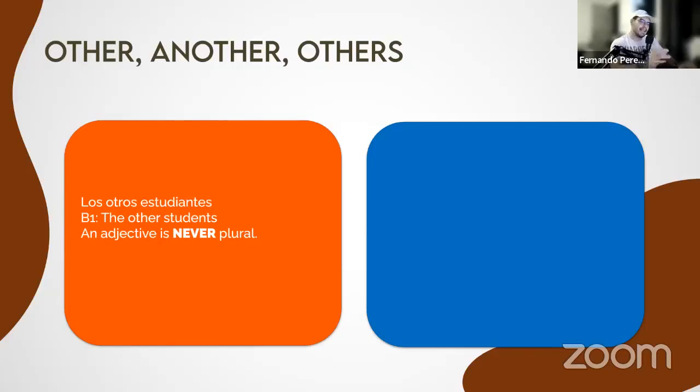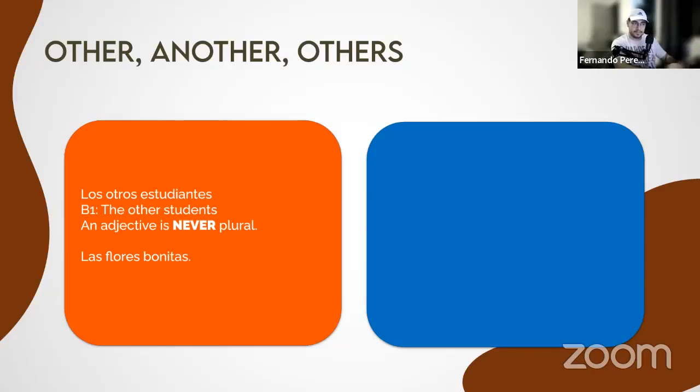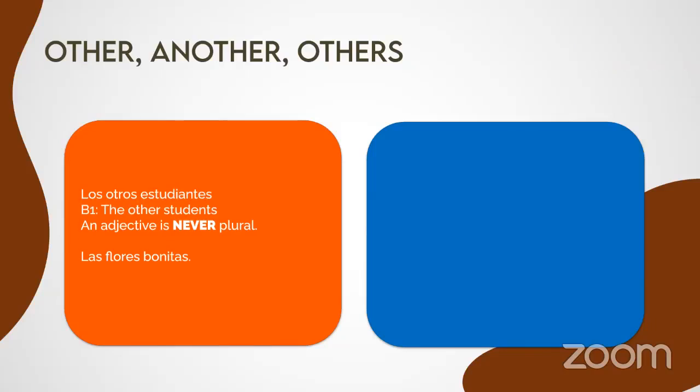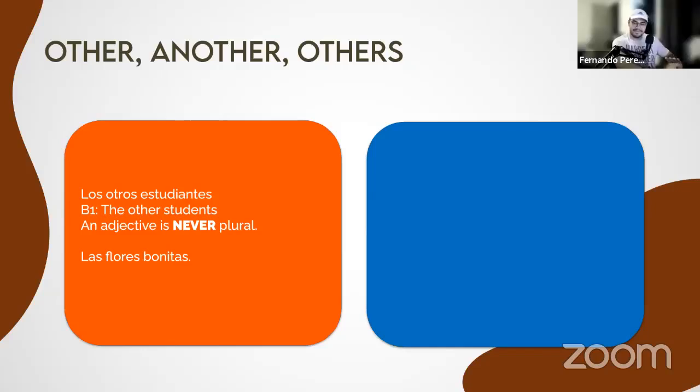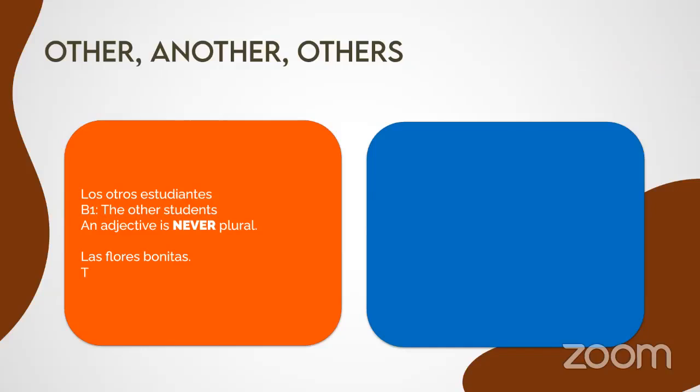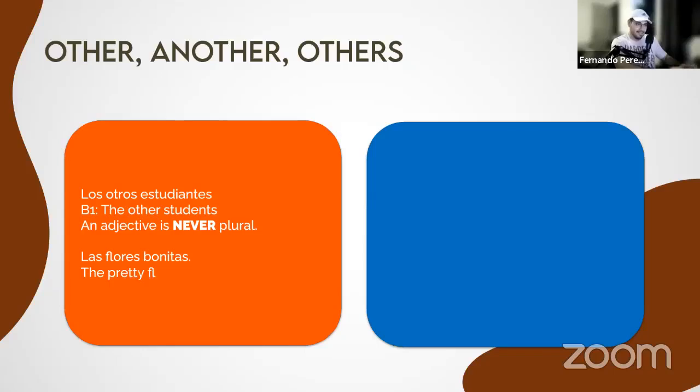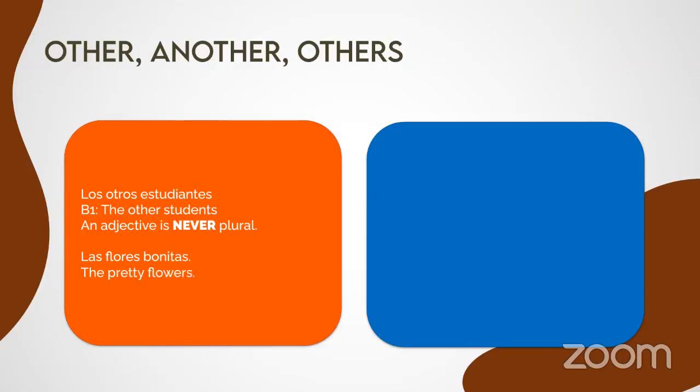Because in the past, I gave you an example like this. Las flores bonitas. How do you say that in English, Karen? The pretty flowers, not the pretties. Do you agree? Yes.